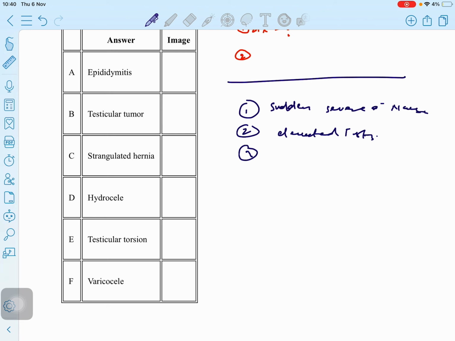It is epididymo-orchitis. And what is the name of the sign? This sign is known as the Prehn sign. So the intensity of pain will be high upon elevation. And number 4, the cremasteric reflex will be negative.